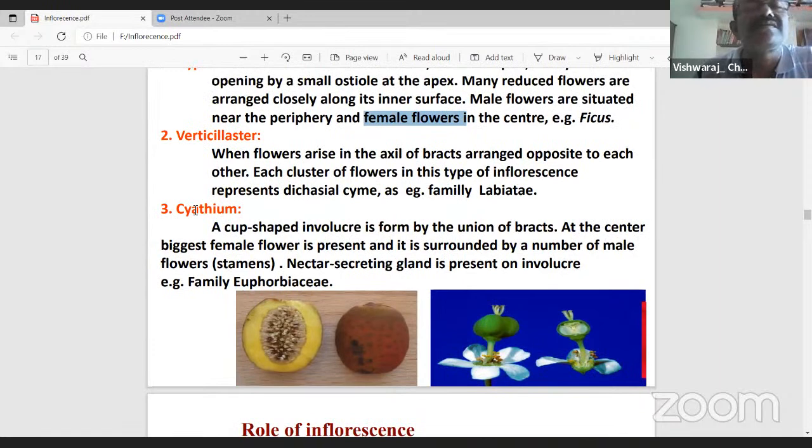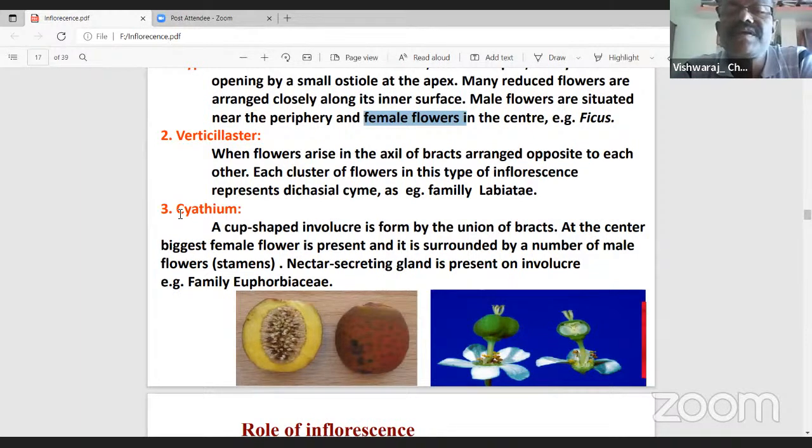Then the third special type is Cyathium. First Hypanthodium, verticillaster, and Cyathium. In Cyathium, a cup-shaped involucre is formed by the union of bracts. At the center, the biggest female flower is present, surrounded by a number of male flowers.